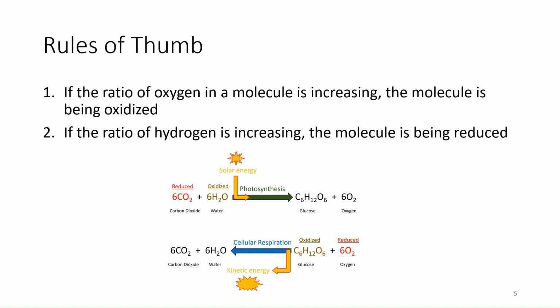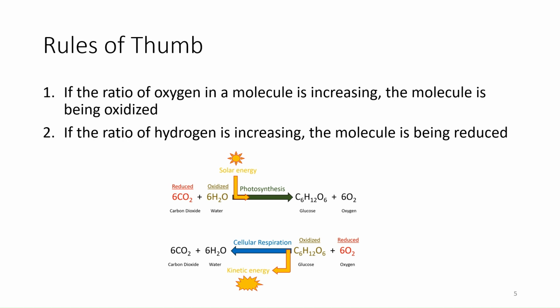We can apply that same methodology to cellular respiration, which breaks down glucose with oxygen to create energy or kinetic energy, carbon dioxide, and water. Note that if we look at glucose, we have basically one carbon for every two hydrogens and one oxygen.